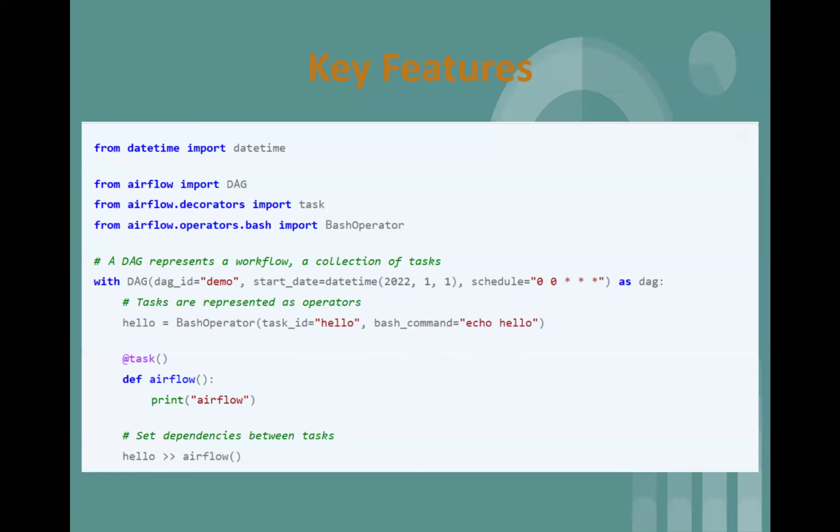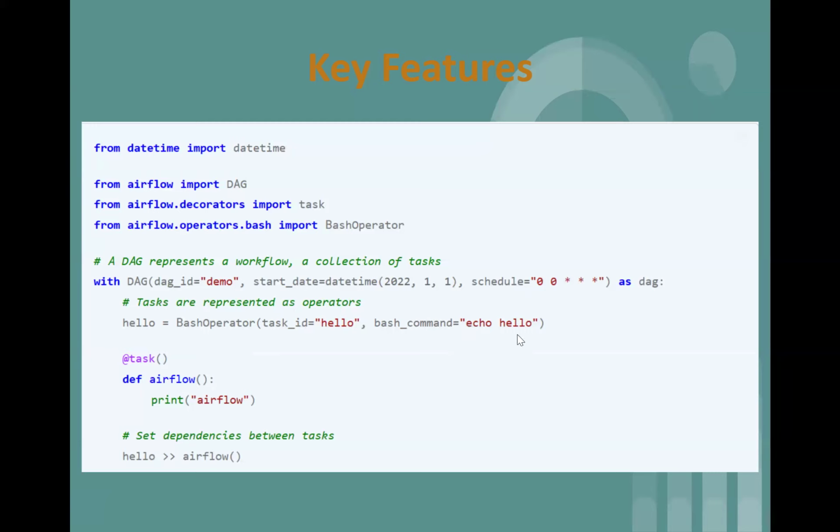That is the output. Now what I'm saying here is that hello is a task which uses a bash operator, which means it will run a shell command. What is the shell command? Echo hello. So I can write any shell command here. I can run a shell script completely using the command prompt here.